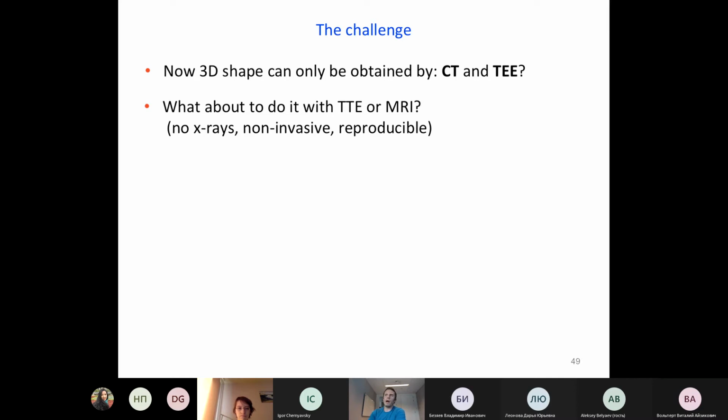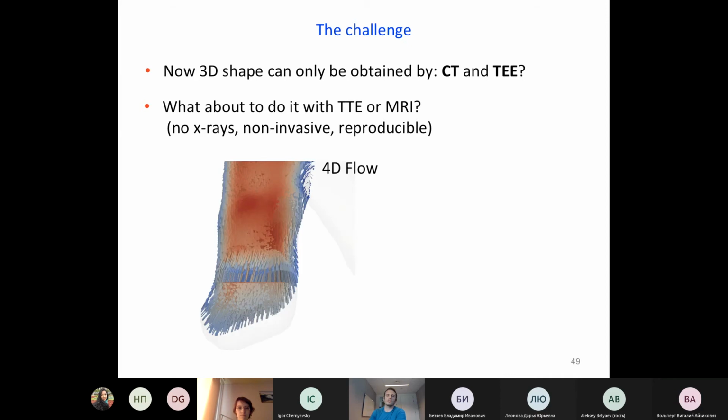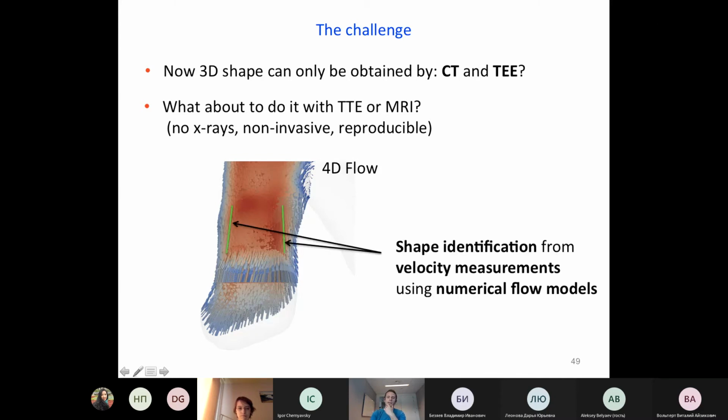What about doing it completely non-invasively? The idea is the following. For the flow, as I showed you before, if you know some fluid mechanics, you can picture in your head that the valve should be somewhere there, right?